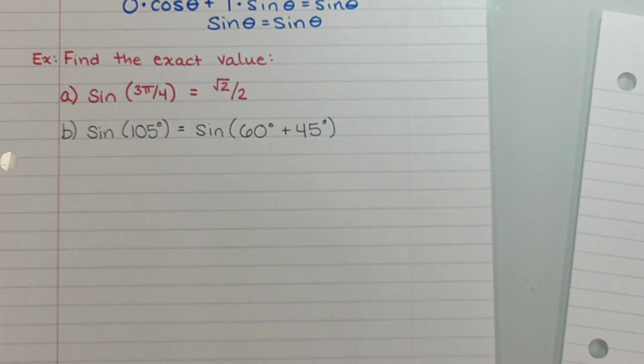So, sine of 105 is equal to sine of 60 plus 45. Not sine of 60 plus sine of 45. No, that's not how addition of trig works. The 60 and the 45 are both still in the same trig.